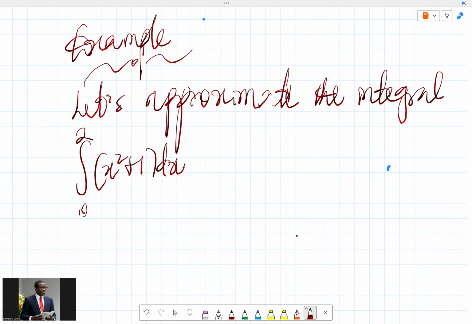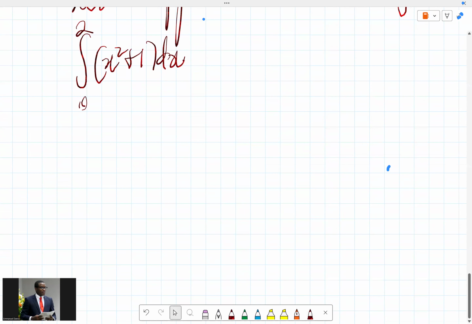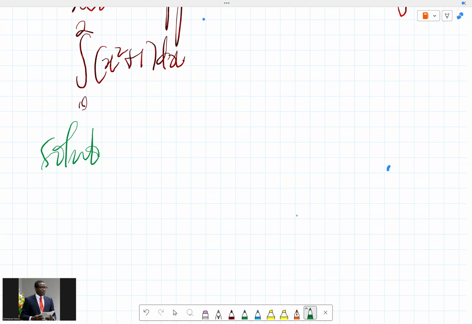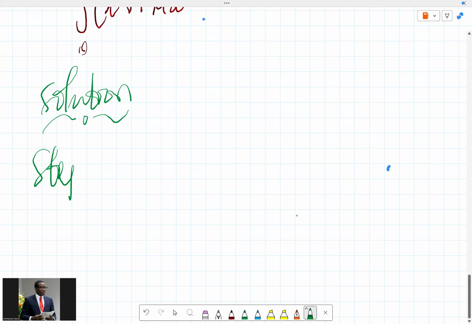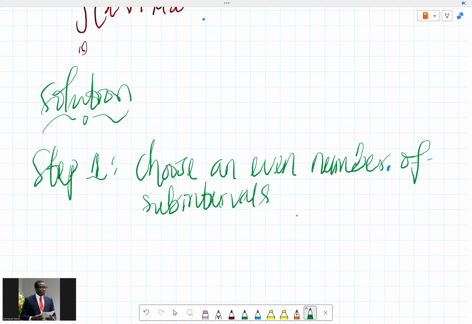So our integration is from 0 to 2. For the solution, the first step is to choose an even number of subintervals.